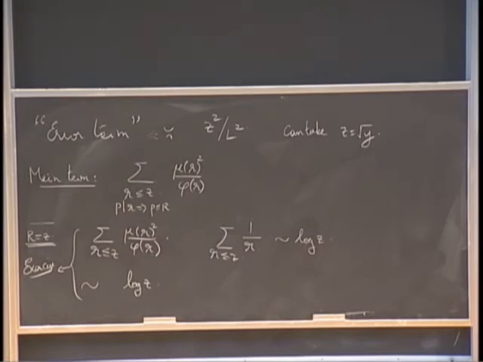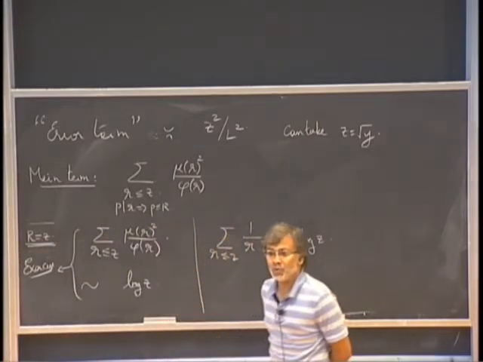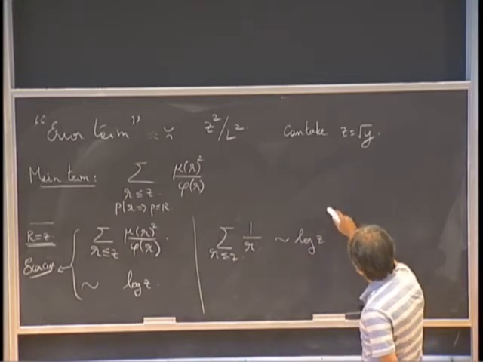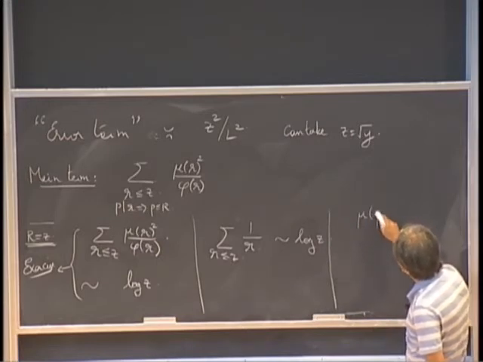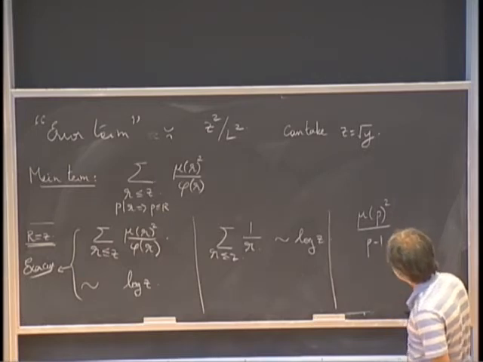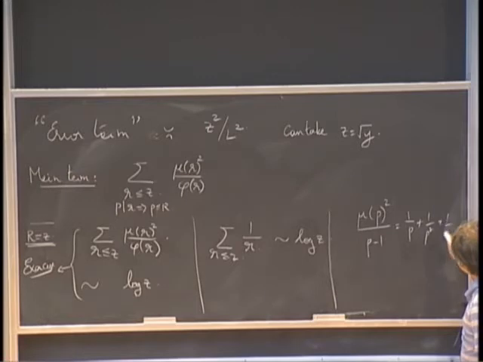Is there any way to see that? Well, okay. You have to do a calculation to see it, right? Another way you could see it is, let's think of what is mu of p squared over p minus 1. Well, that is also the same as 1 over p plus 1 over p squared plus 1 over p cubed and so on, right?